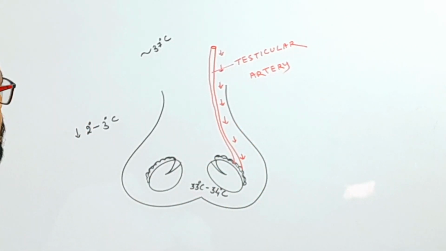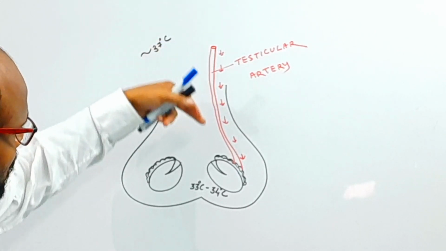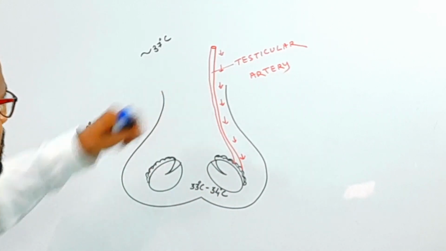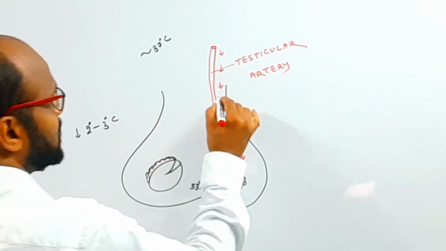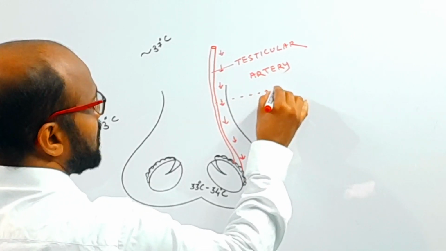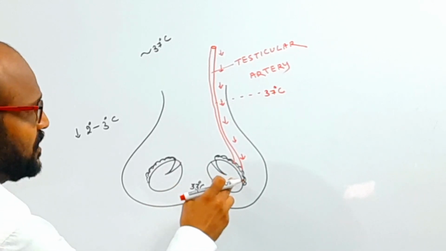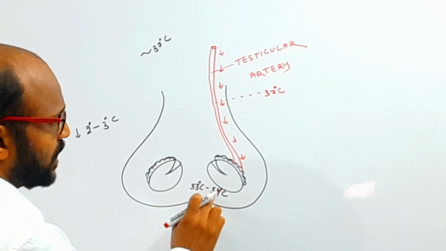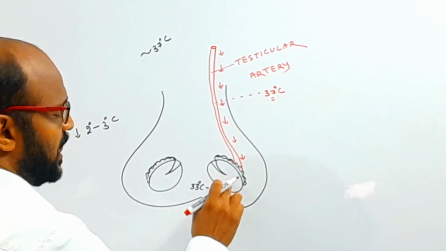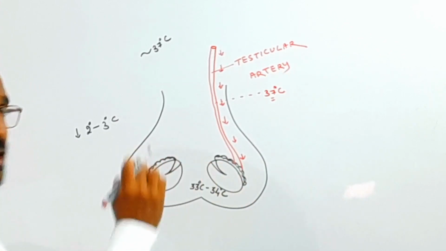This artery comes out from the body and immediately enters the scrotal sac through the inguinal canal. That's why its blood temperature should be 37 degrees centigrade. But the testis needs a temperature of 33 to 34 degrees. This is the hot blood, and the testis needs a cooler environment.